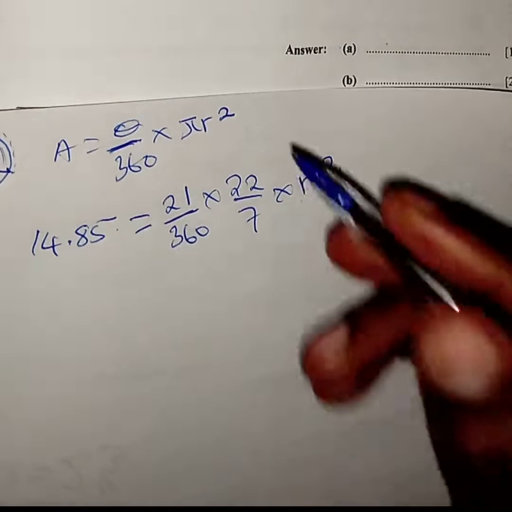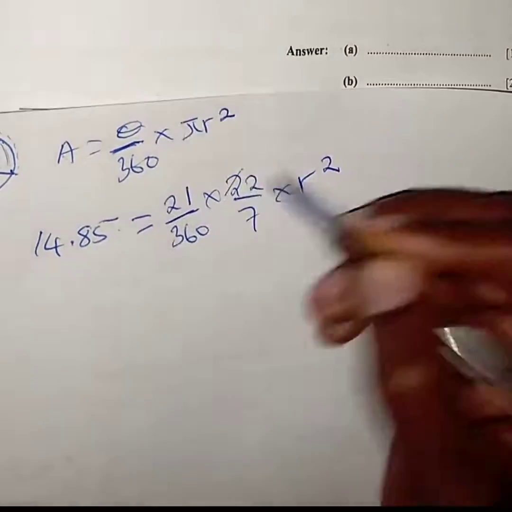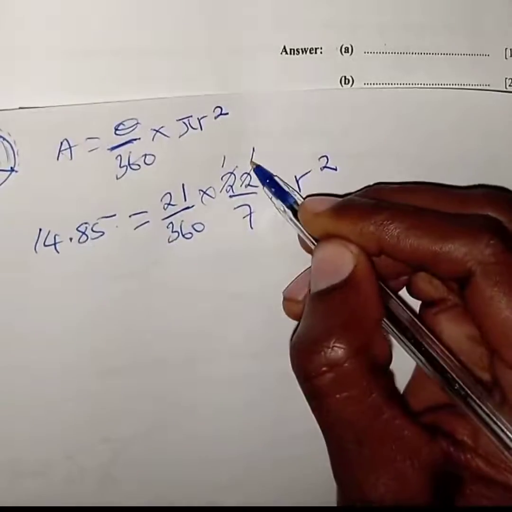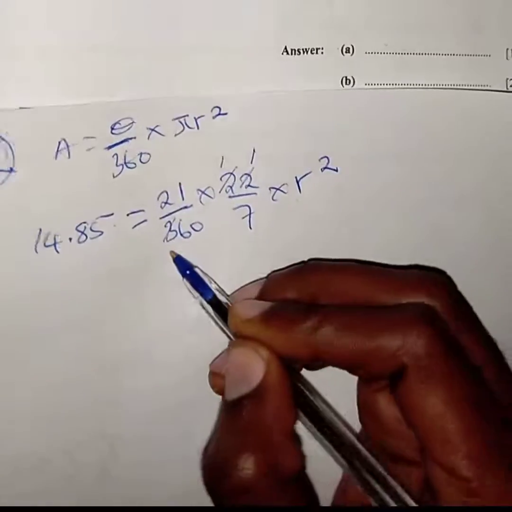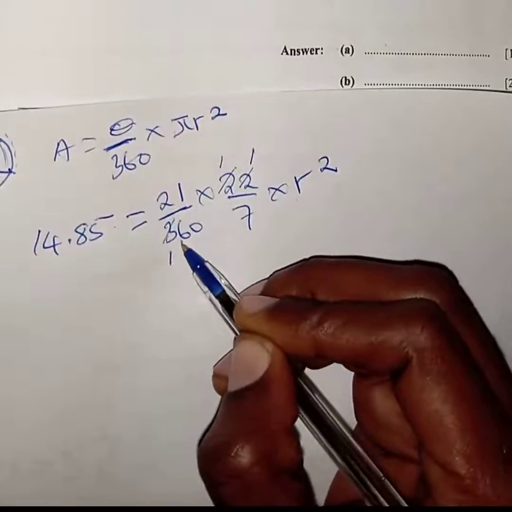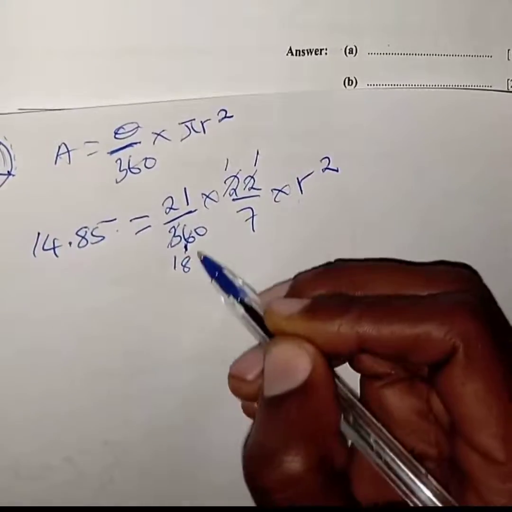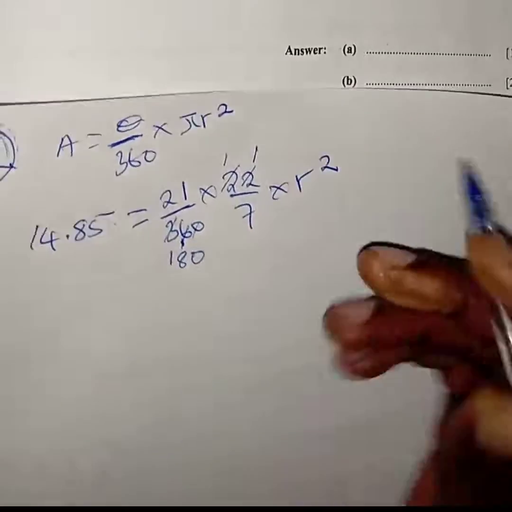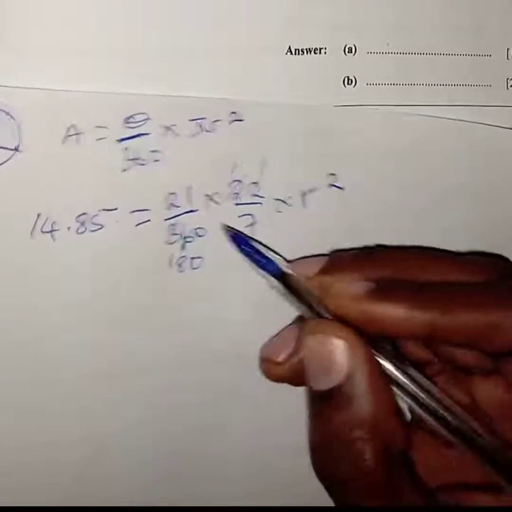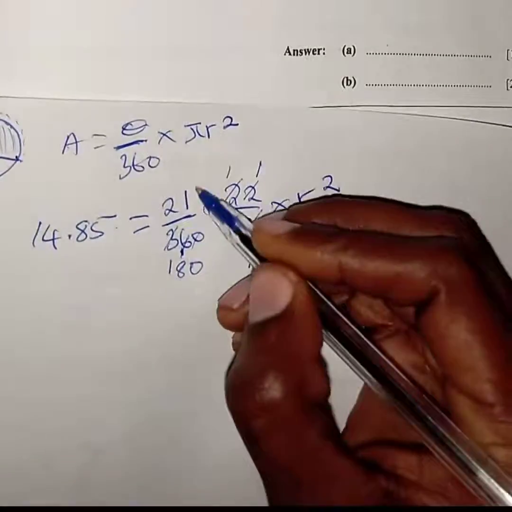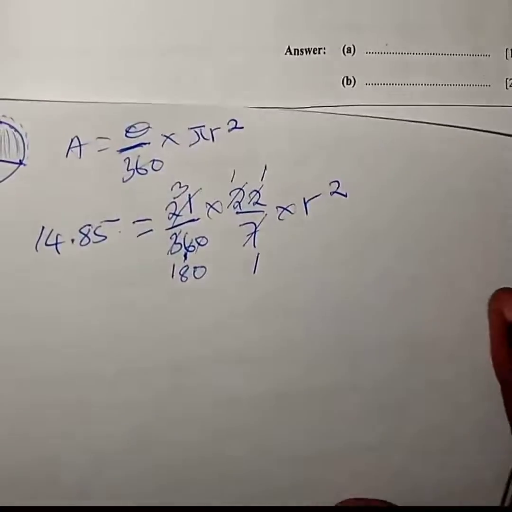So 2 into 2, 1, 2 into 2, 1, 2 into 3, 1, remainder 1, 2 into 16, 8, 2 into 0, 0. Now look at a 7 and a 21. 7 here, 1, 7 there, 3.